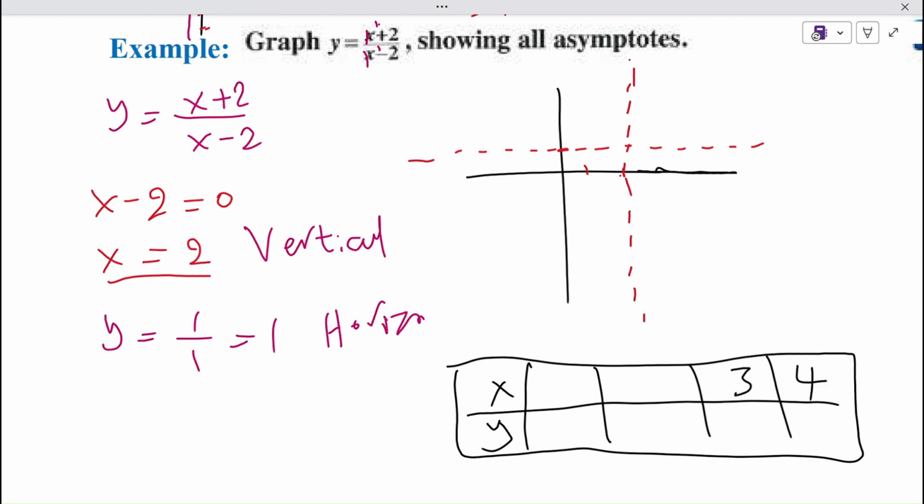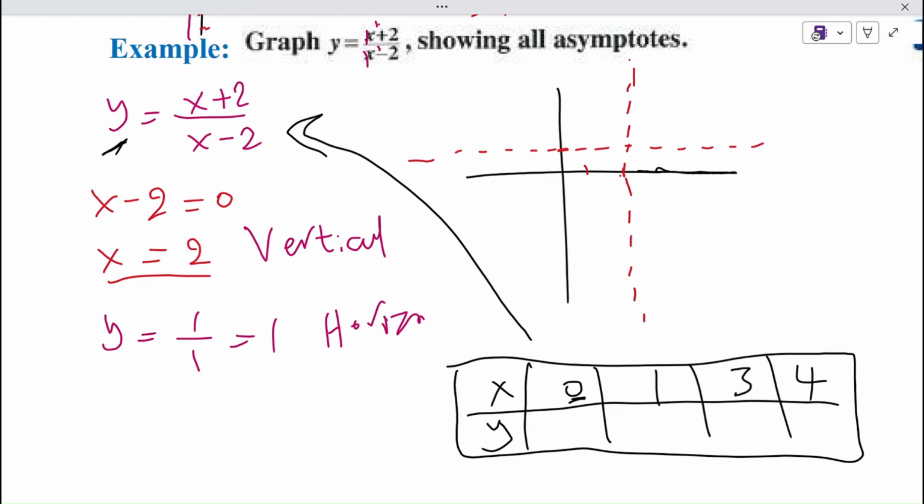Okay, now you have to put these numbers into the original function to find out y. If you put 0 here, this is equal to positive 2 over negative 2, so this is equal to minus 1.